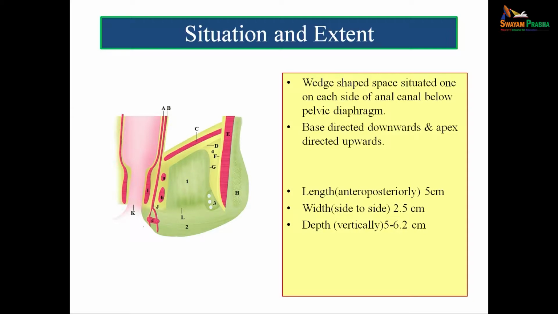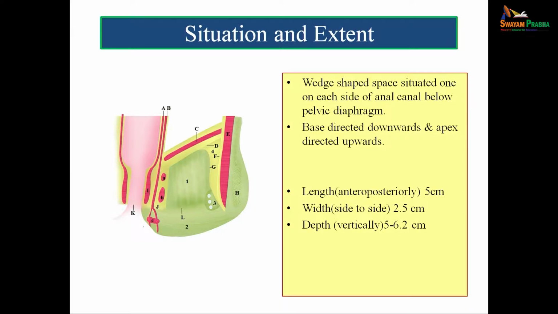Now, a unique thing about this ischioanal fossa is that its base is directed downwards while its apex is directed upwards. The base is formed by the skin. We are more concerned with the apex. You can see that pointed portion, that area which is marked by 1, it has got a pointed portion.